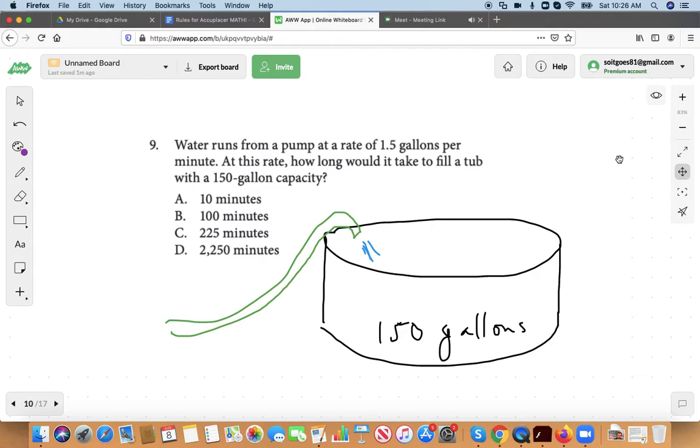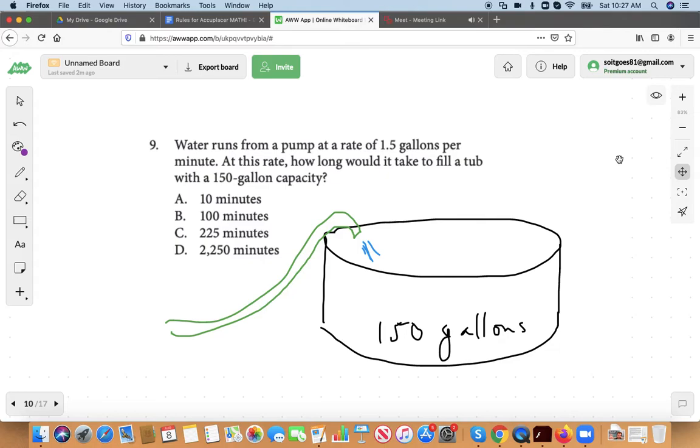Double check that math. I mean, we've got 1 minute. 4.5. Would it be 4.5? Absolutely 4.5. It's just 1.5 plus 1.5 plus 1.5 for 3 minutes. Or you're like, oh, it's just 1.5 times the number of minutes. Does that make sense?